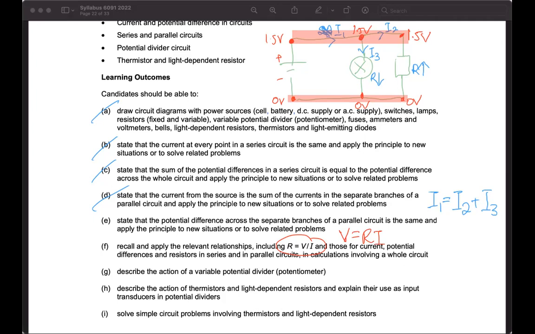Once you know the concept of series and parallel, you just need to apply Ohm's law, this formula, into your calculation, and you can solve almost everything in your DC circuit questions. Is that clear?